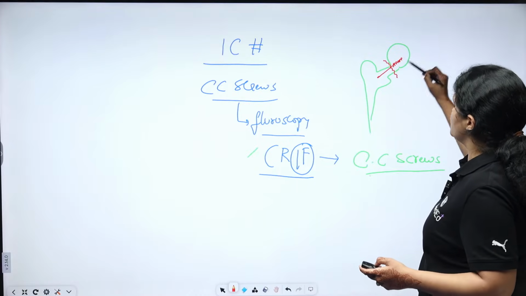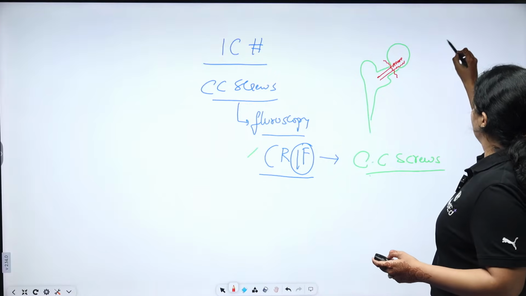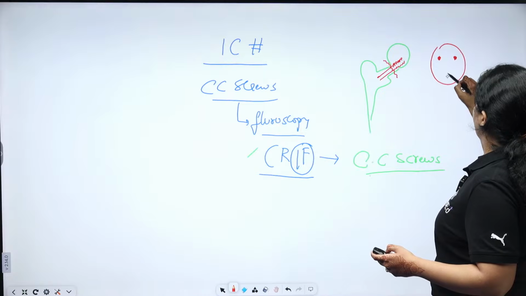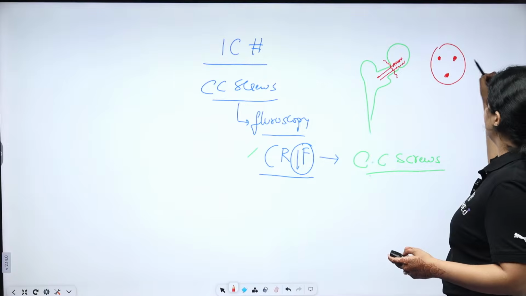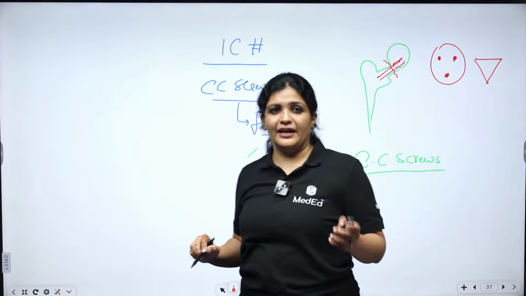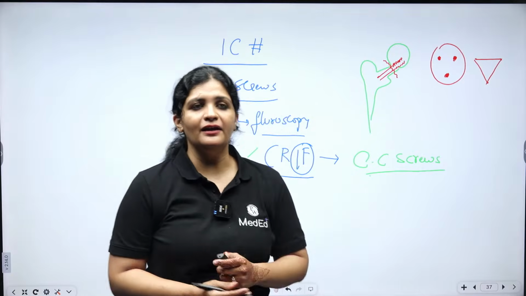So the thread has to cross the fracture. We put 3 screws like this. This is the AP view, this is the lateral view. On the lateral view, you see that we put the screws in an inverted triangle fashion. So this is a case of CRIF, that is closed reduction internal fixation. Okay, is that clear?